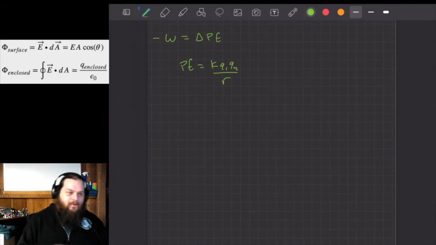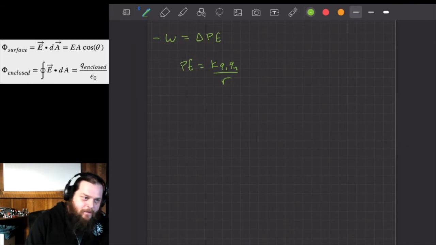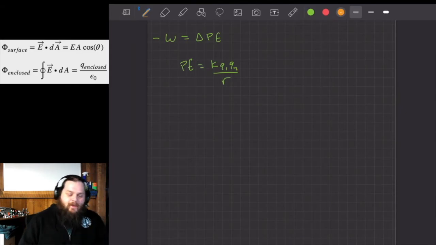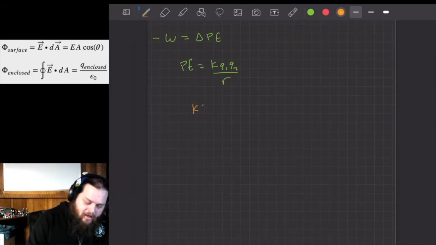And there's this idea that you always have a conservation of energy. In this case, it's a conservation of mechanical energy, where the kinetic energy plus the potential energy is always going to be a constant.